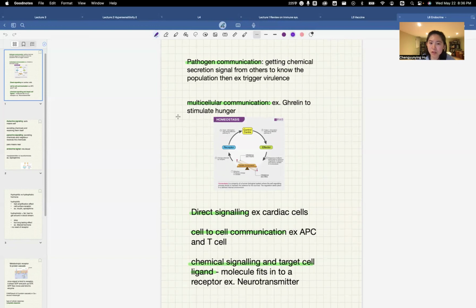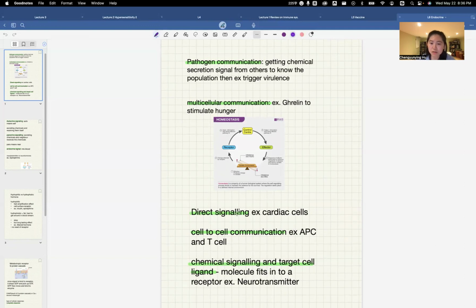Multicellular communication is, for example, the stomach secretes ghrelin and then stimulates hunger, like the communication between cell and cell. It can use hormones.